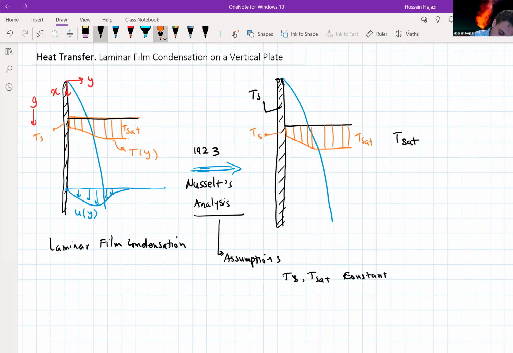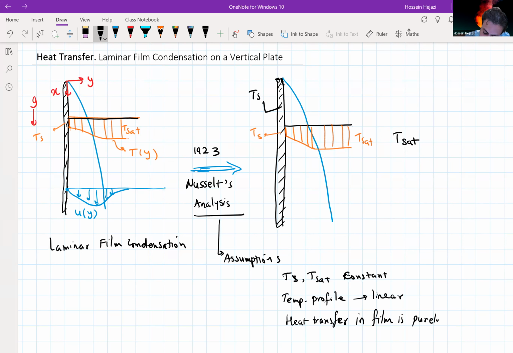So the temperature profile in the film is going to be linear. That's another assumption. Then he assumed that the heat transfer in this film, the condensate film, is purely conduction.